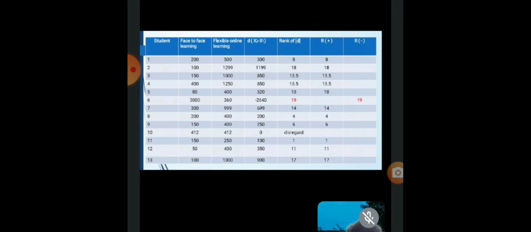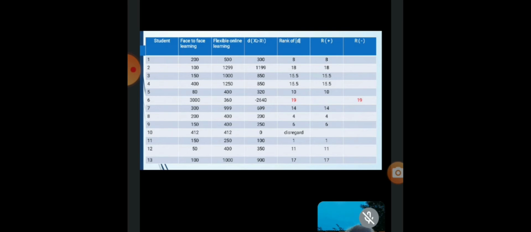Next, ito po yung mga tables po ng aming mga nilagay na data. Sa unang column, ito po ang students. Hindi ko po in-include yung mga names. Sinikreto ko na lang po mga names po nila.